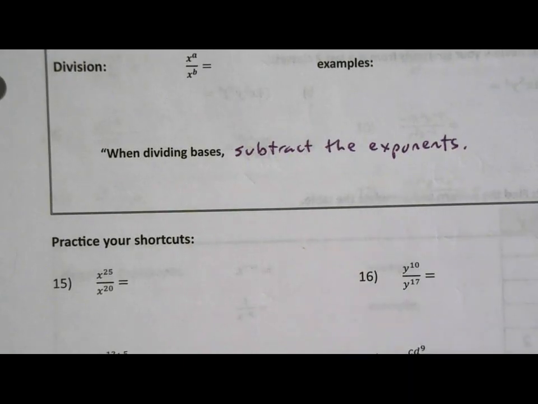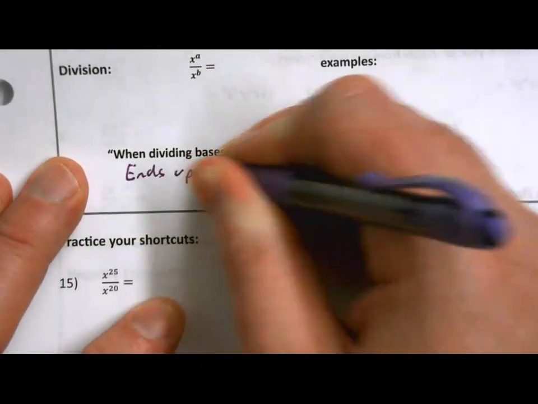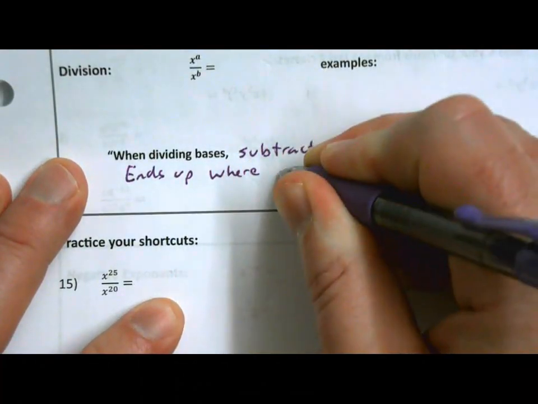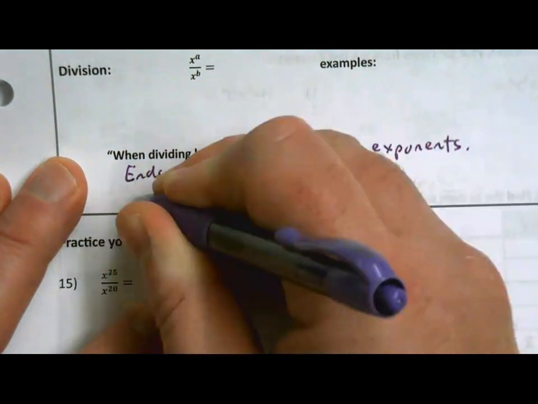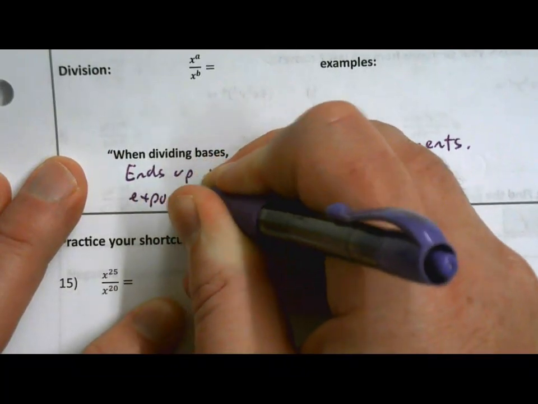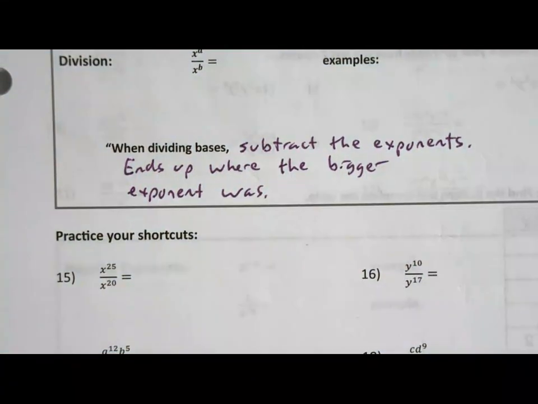I'm going to write: ends up where the bigger exponent was. I don't know if that makes sense to you. If it doesn't, put it in your own words.